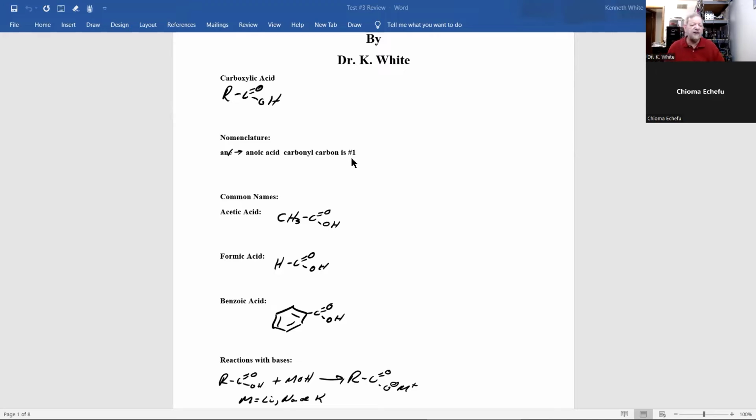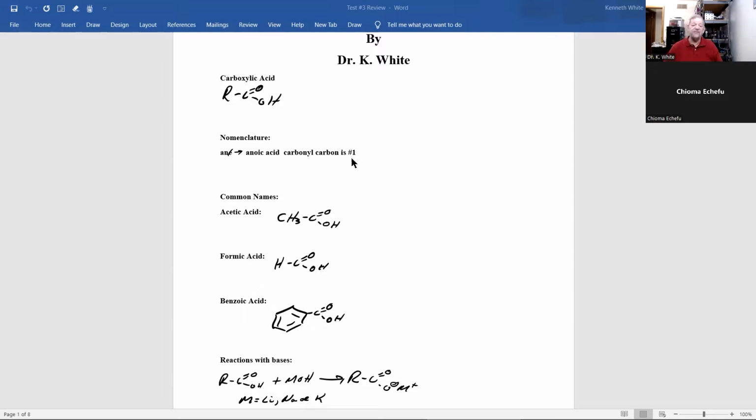Now, there are 3 common or common/IUPAC names you should know. When R is a methyl group, nobody calls that ethanoic acid. It's called acetic acid. And if you take that and mix it with water, you have vinegar. Anybody pick up a bottle of vinegar and say, aha, it's got acetic acid in it, and that's a carboxylic acid?